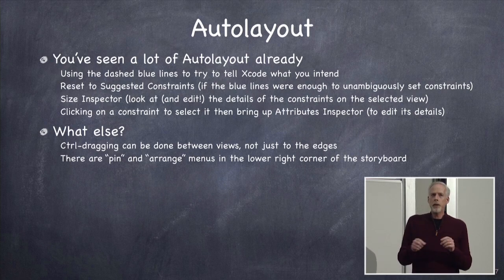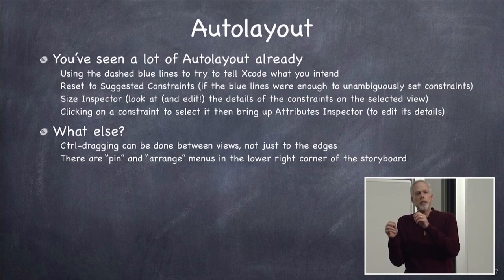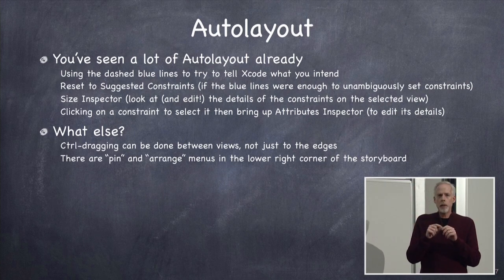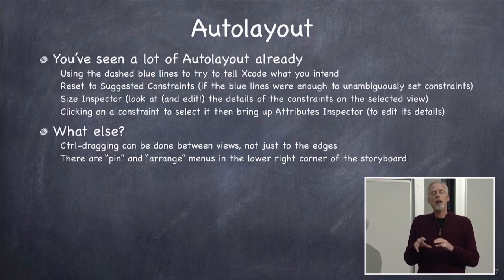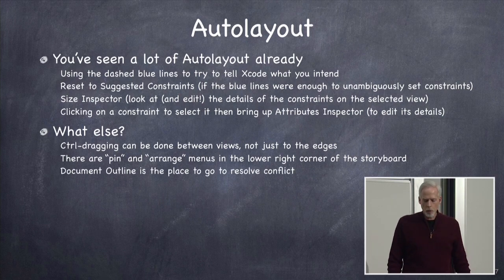Pretty much everything in there you can do with control drag, but sometimes it's hard to do control drag. Maybe the views are very close together, or they're really near the edge, or they're overlapping some other view. And so when that starts to be a problem, you can click on them to select, either using the Control-Shift click to drill down if things are overlapping, or maybe use the document outline to select it, and then go to these menus to apply whatever constraints that you want.